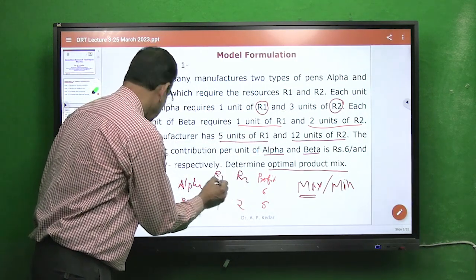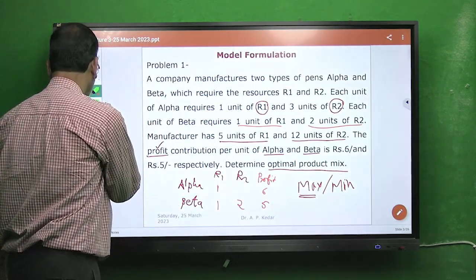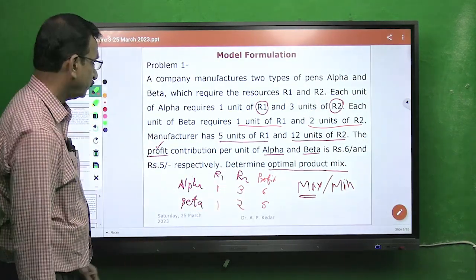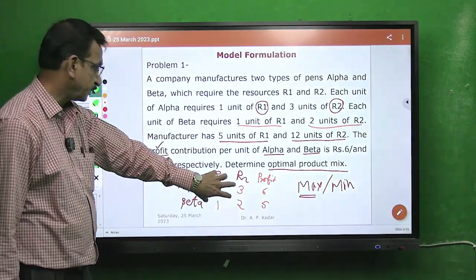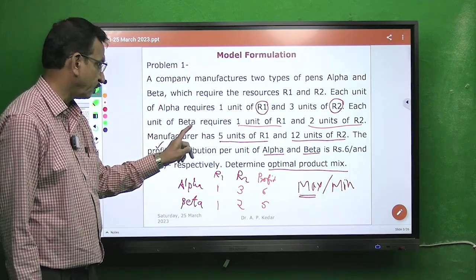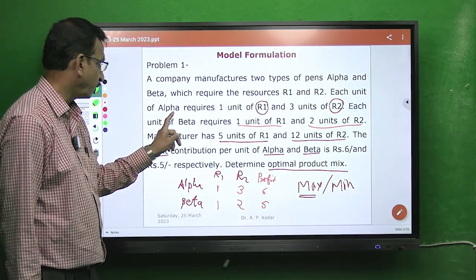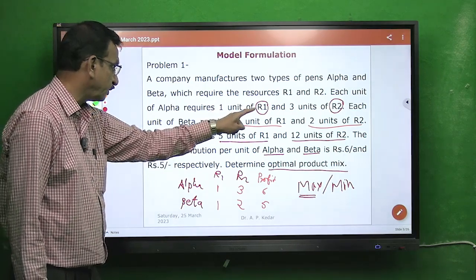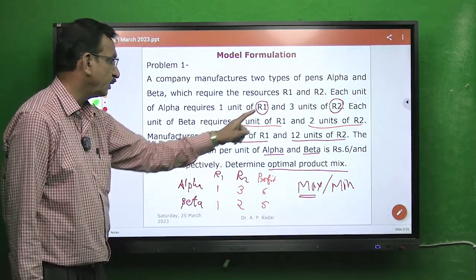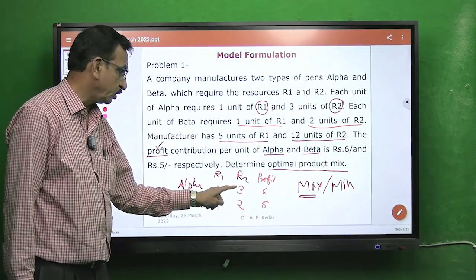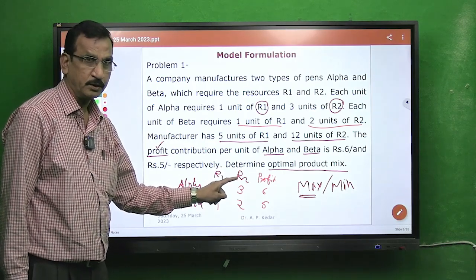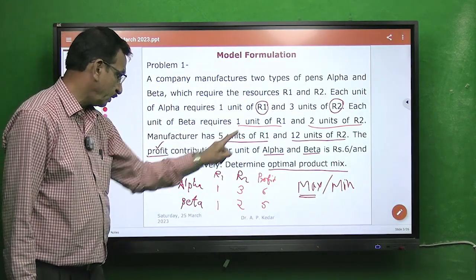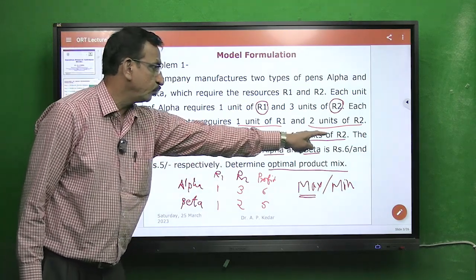Now this summary represents the given wording problem. Alpha requires 1 unit of R1 and 3 units of R2. Got it? Similarly, beta requires 1 unit of R1 and 2 units of R2.